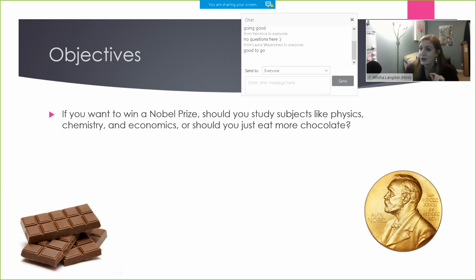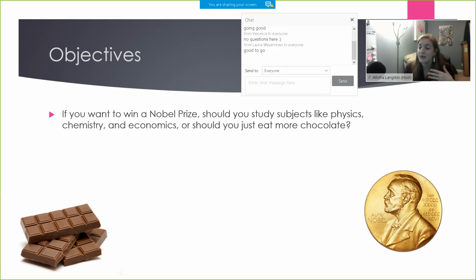If you want to win a Nobel Prize, should you study subjects like physics, chemistry, and economics, or should you just eat more chocolate? Now, if you're a normal, everyday person, you're probably going to assume I should probably study those subjects, right? Rather than eat chocolate. Me eating chocolate doesn't mean I'm going to get a Nobel Prize.